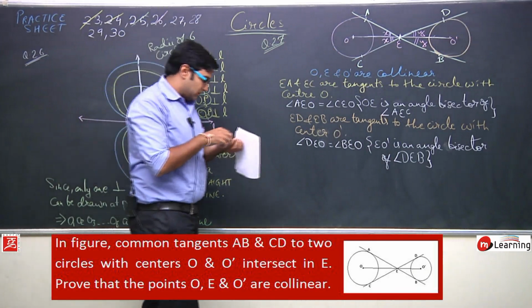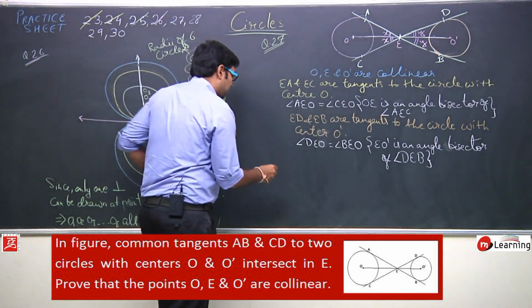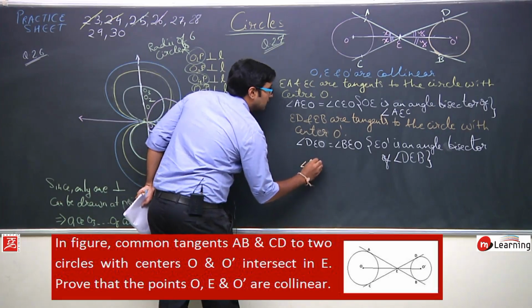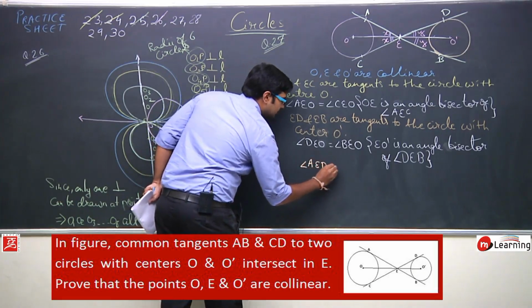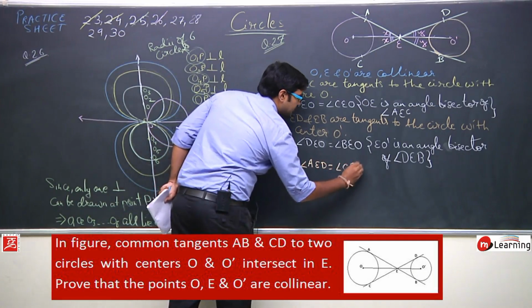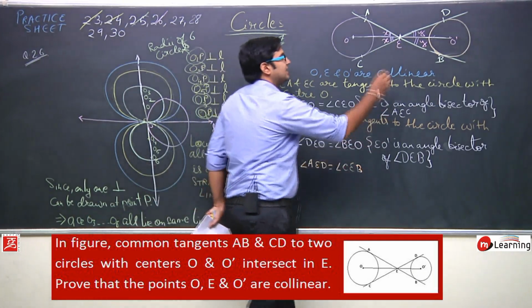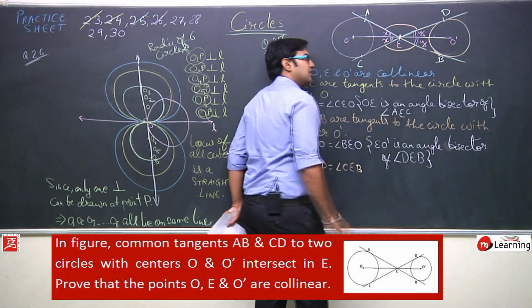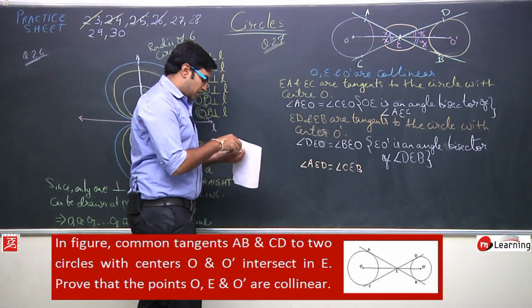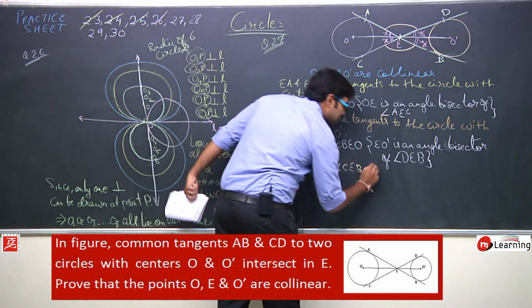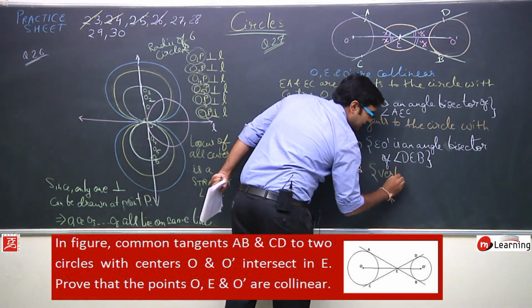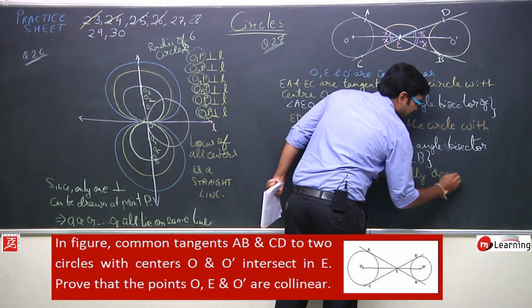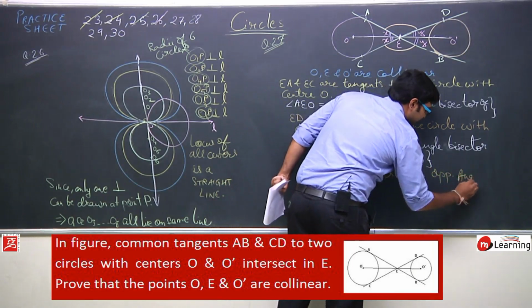After this, you can see that angle AED is equals to angle CEB. Angle AED means this angle and CEB means this angle. These two angles are equal. Why these two angles are equal? Because they are vertically opposite angles.